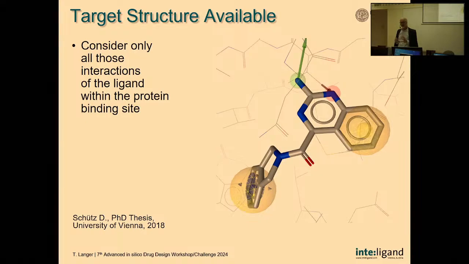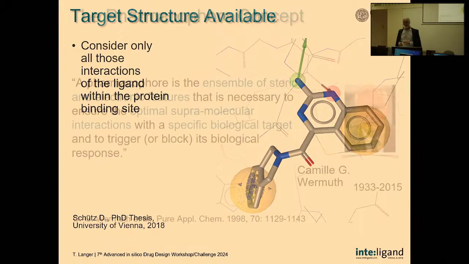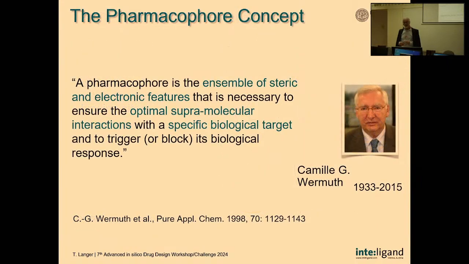The idea is to describe a molecule based on the interactions it can make with the protein. And again, you can derive this directly from an X-ray structure, from a cryo-EM structure, etc. So a pharmacophore, and I'm not sure if this definition has been shown here already.